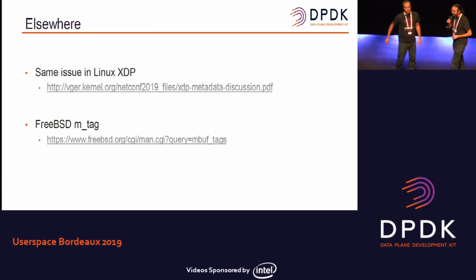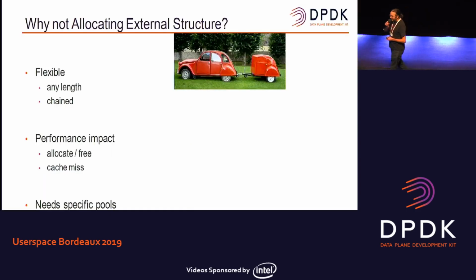Thank you, Thomas. Bonjour. So why not reuse the same approach as FreeBSD mtags? Because it is a flexible approach. You can register a space of any size that can be attached to the mbuf. It is allocated and chained to the mbuf.